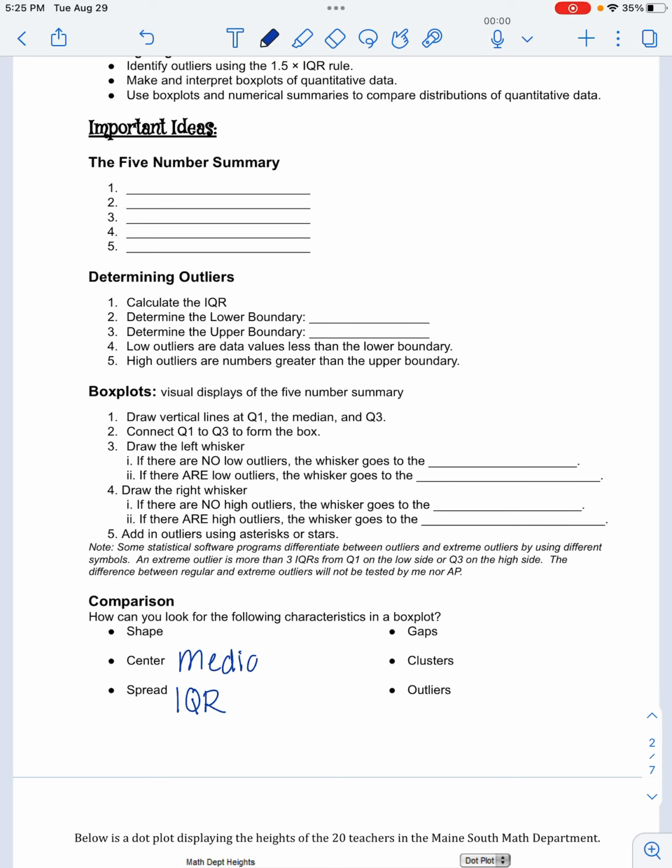Last class we talked about how when you had mean, you use standard deviation as your measure of spread, and now with median, we're going to use IQR. You could still use range, but IQR is a good one to use if you have a box plot.